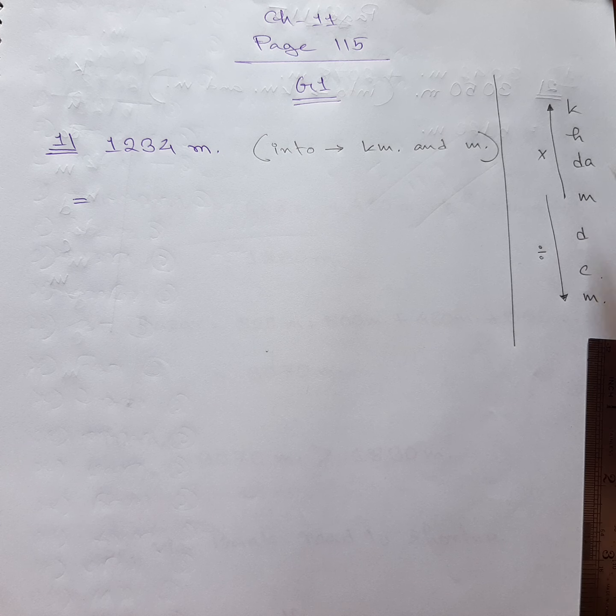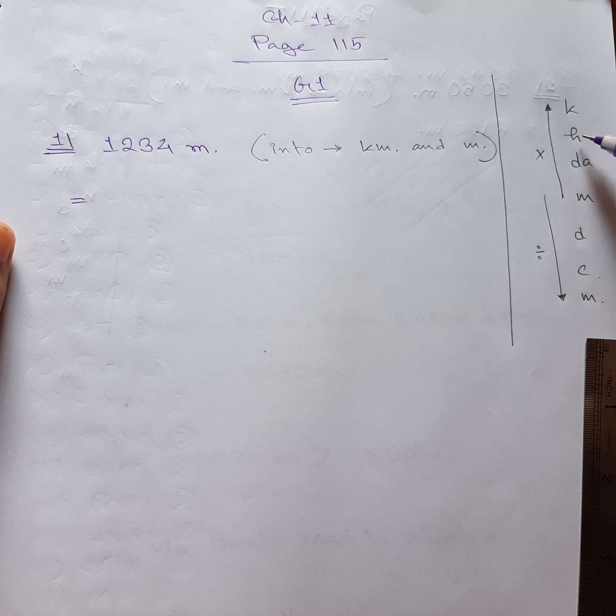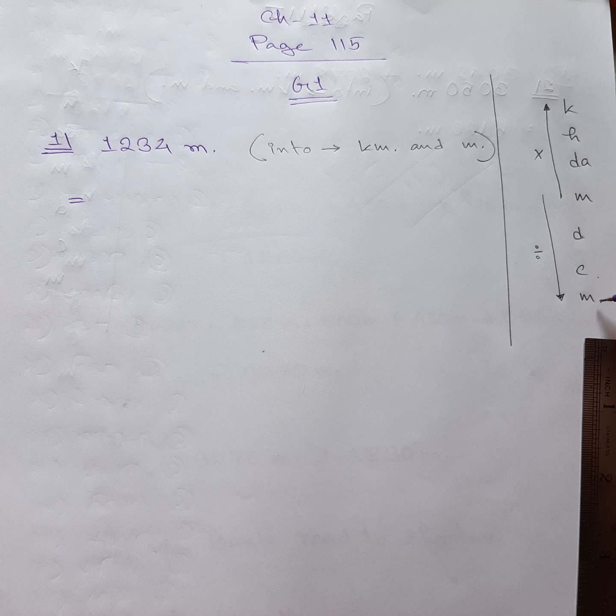There is a Bangla rhyme we use: K for Kilaya, H for Hakaya, D A for Dakai, M for Marile, D for Deshe, C for Shanti, M for millimeter. This is the rhyme: Kilaya Hakaya Dakat Marile Deshe Shanti Milibe.